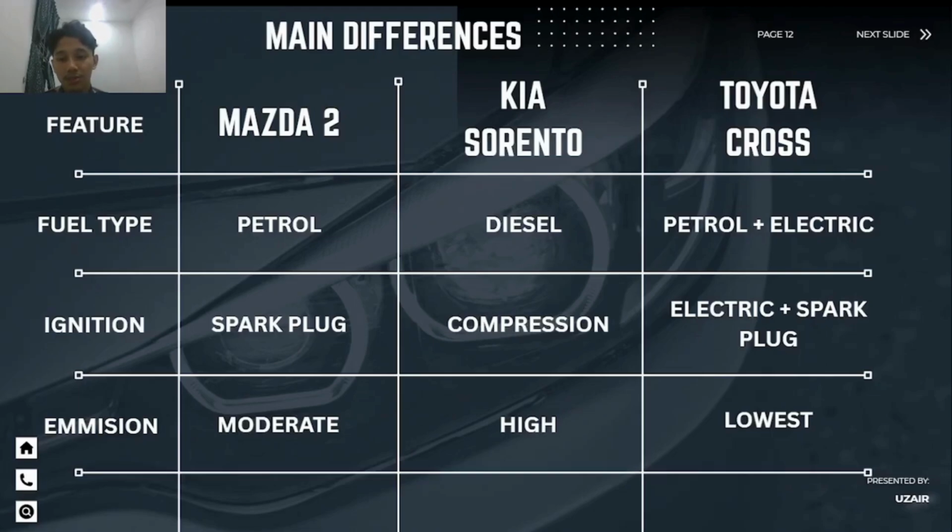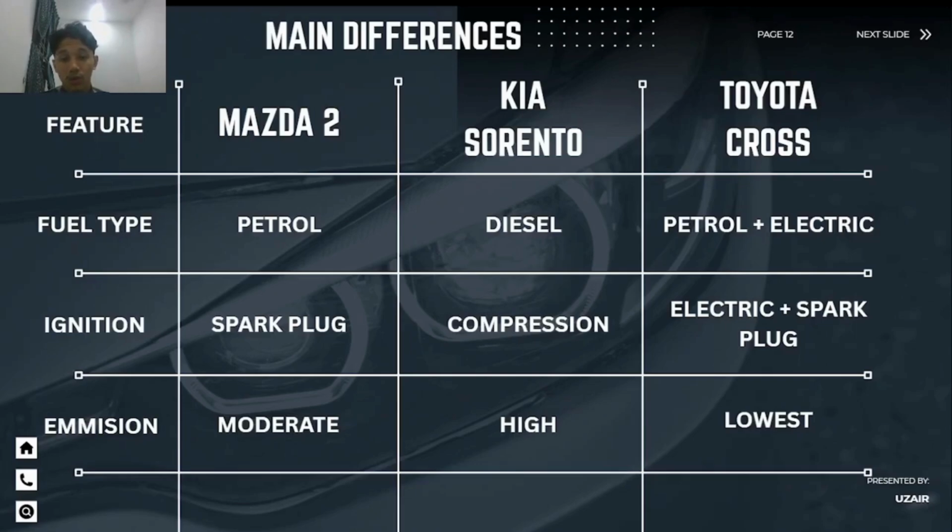For ignition, Mazda 2 uses the spark plug to ignite the fuel-air mixture. Kia Sorento does not use a spark plug. Instead, it uses air compression to ignite the fuel in the engine. And lastly, Toyota Cross, the ignition is a mix of electric plus spark plug.